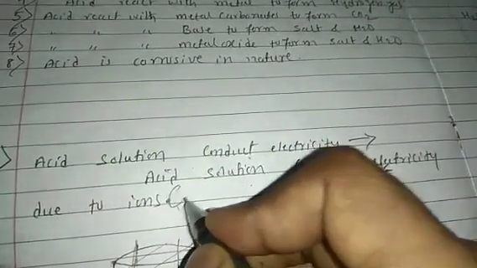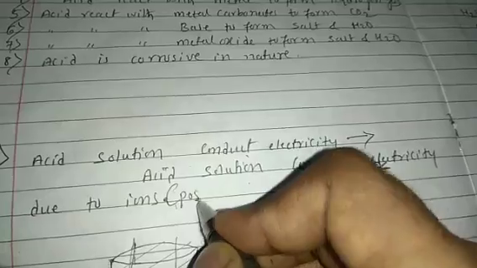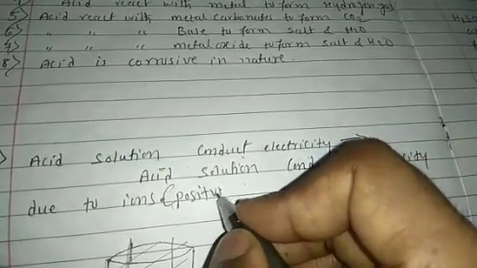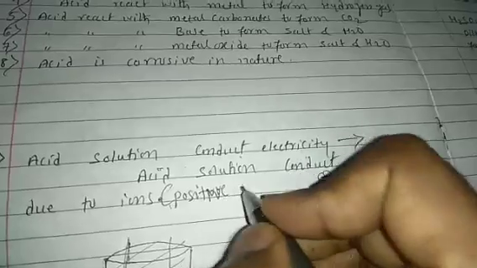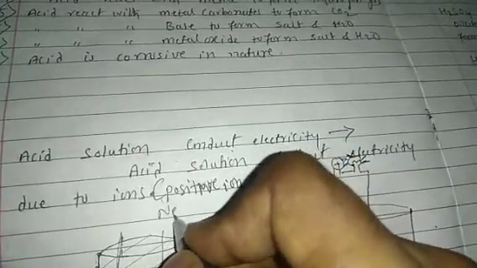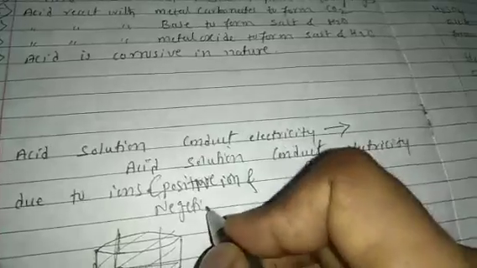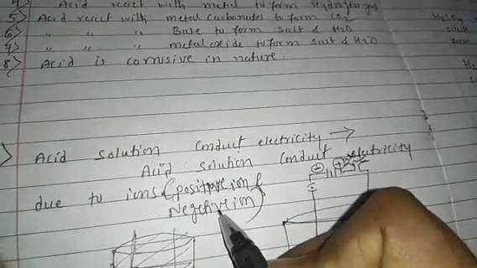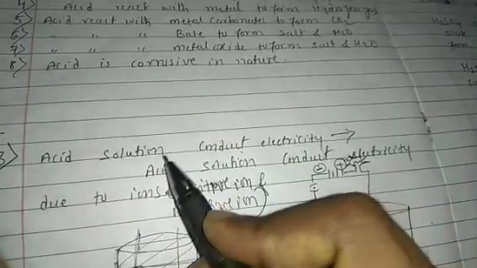The positive ions and negative ions. Acid contains positive ions and negative ions, and due to the ions it conducts electricity.